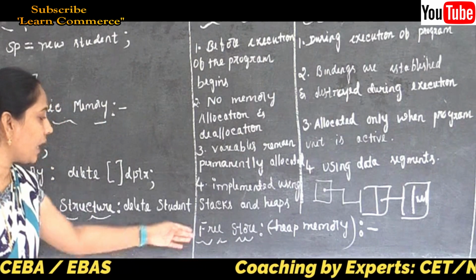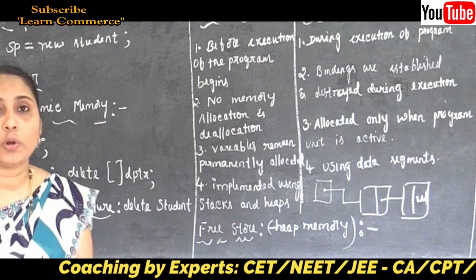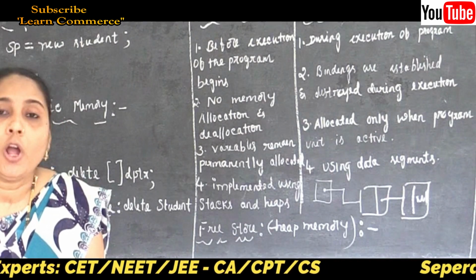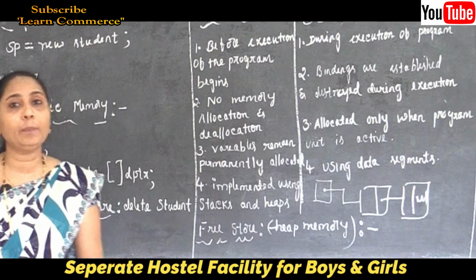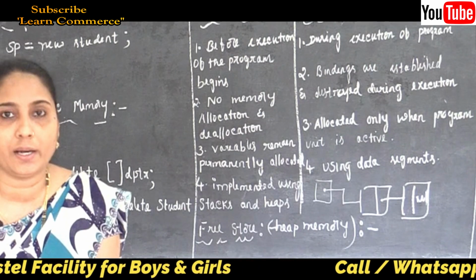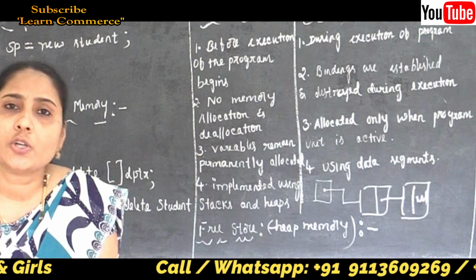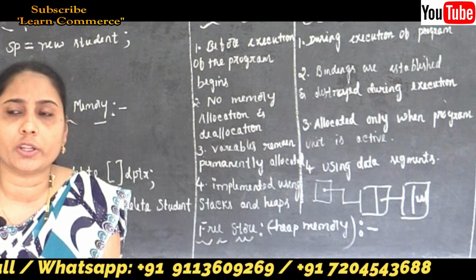Now let's see the last thing, about our free store. The free store is also called the heap memory, HEAP. Clear? The heap memory here. So now what about the free store or the heap memory?